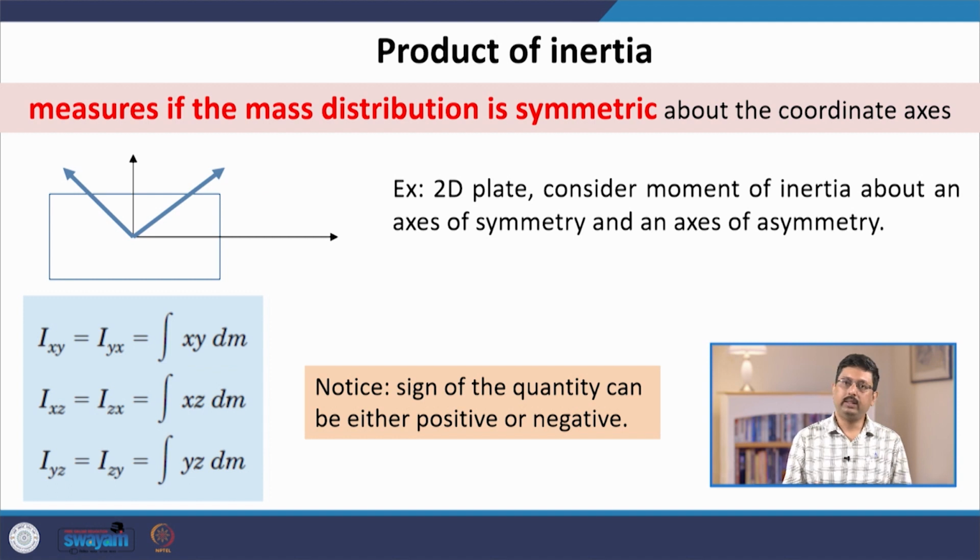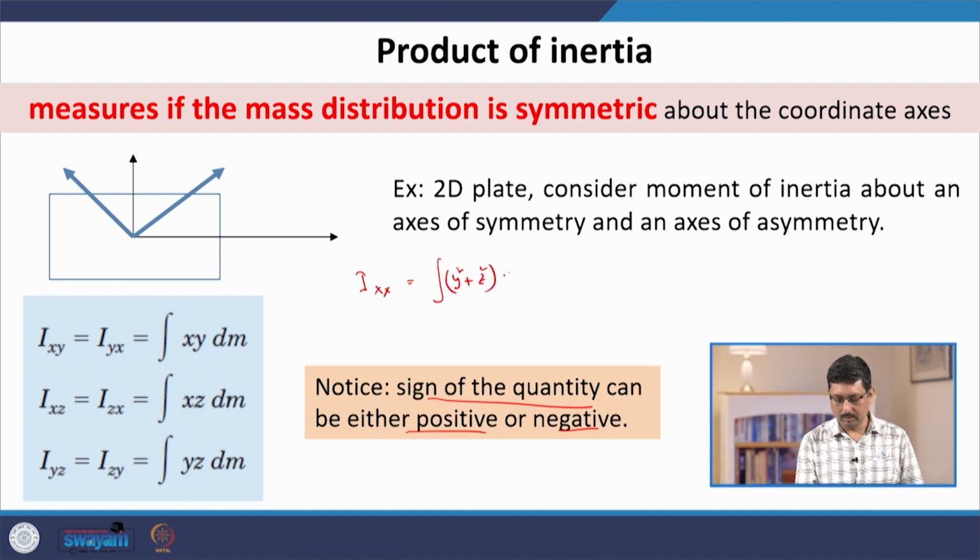Now, there is a crucial difference from the previous case where we were considering the distance. The sign of these components can be either positive or negative. To contrast, when I define the distance of a mass from the x axis, that is always non-negative, strictly non-negative, it cannot be negative.